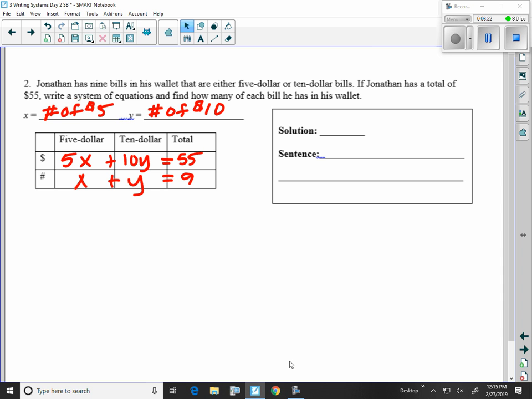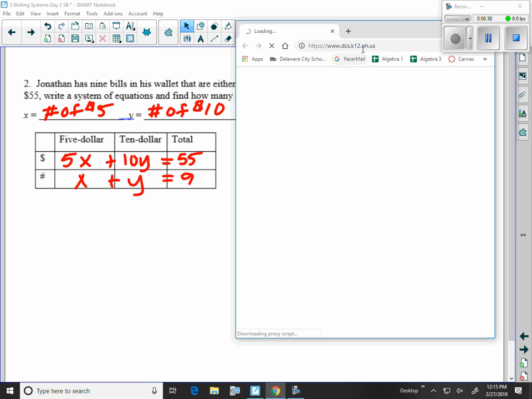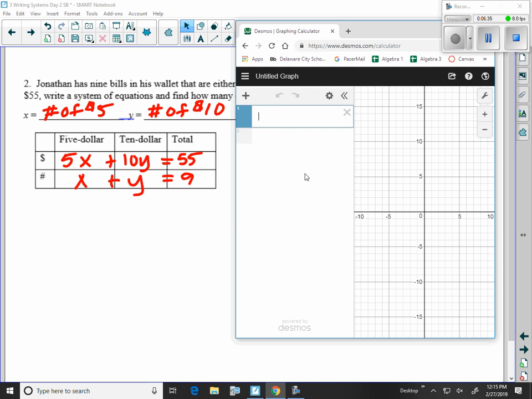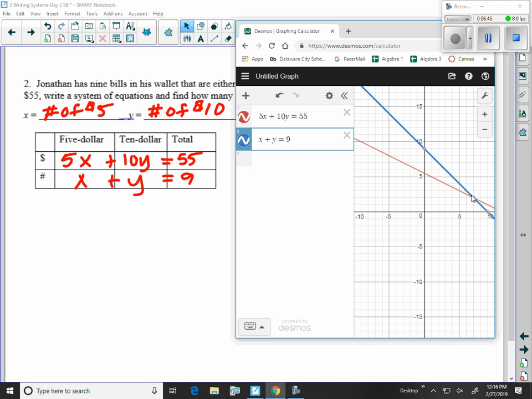Okay, so we're going to put both equations into Desmos, and we're going to see where they cross. Okay, so they cross at 7, 2. 7, 2.